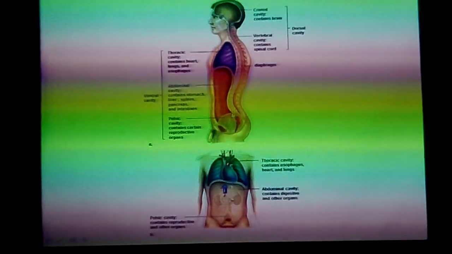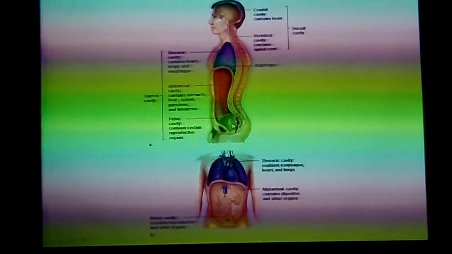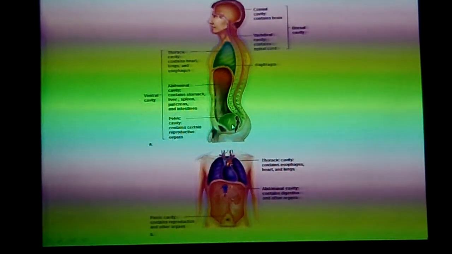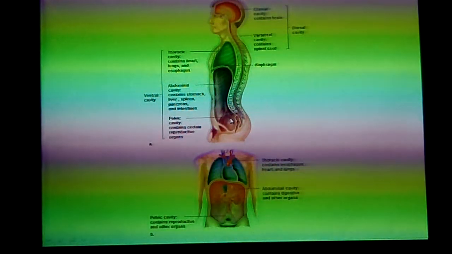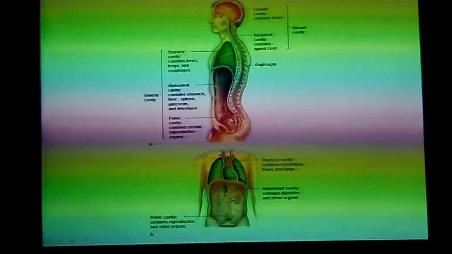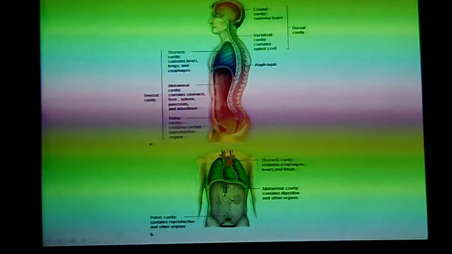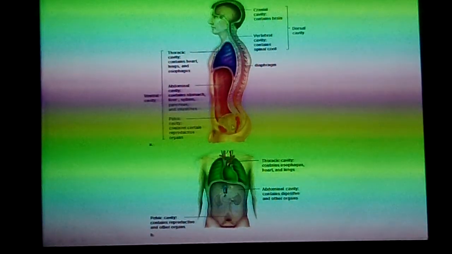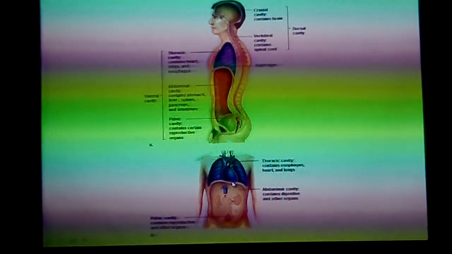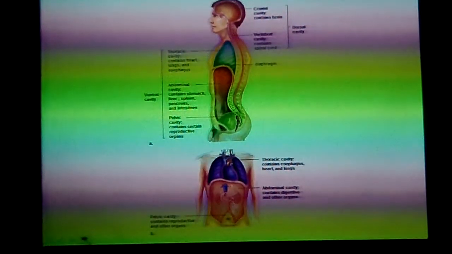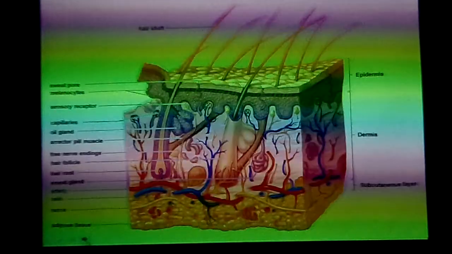The pelvic cavity is where your reproductive organs sit. Well, actually, they're in females, but not in males. But anyway, there's also intestine there, and here's a look at it from straight on. Cavities are open areas in the body.